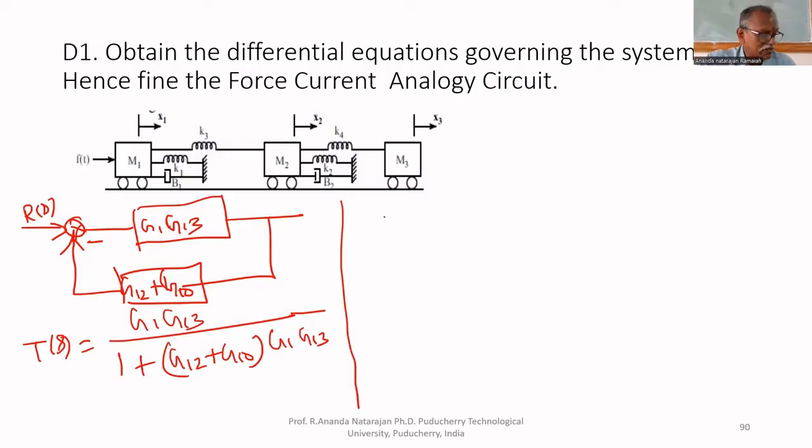Now we have to substitute all these values. For that, the first step is G1 G13 equal to, what is G13? G13 is G11 upon 1 minus G8 G11.